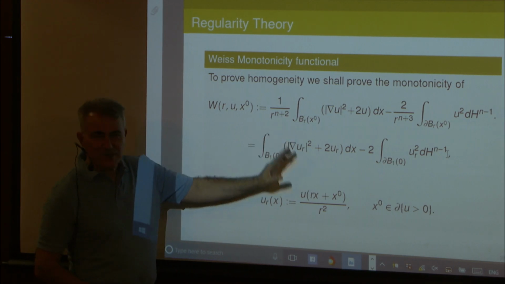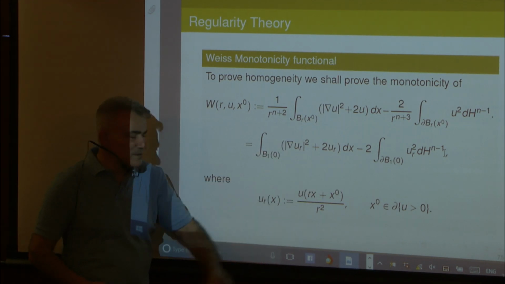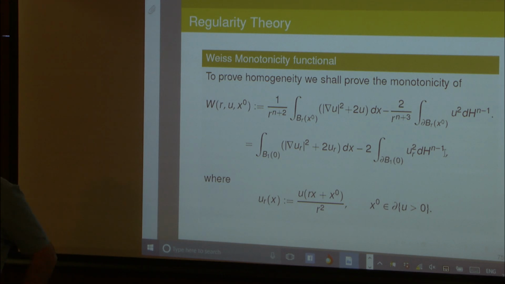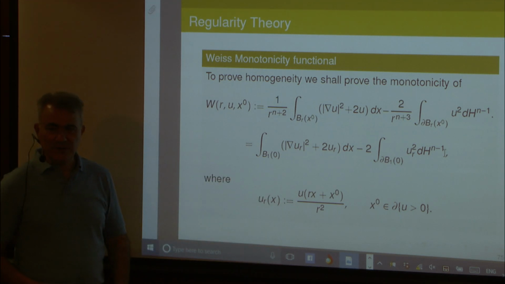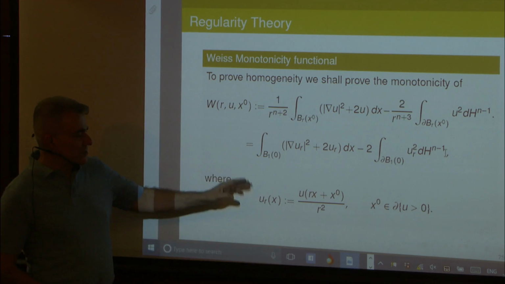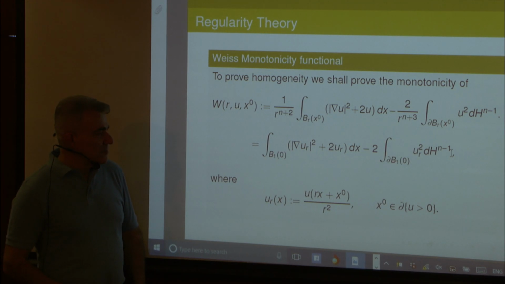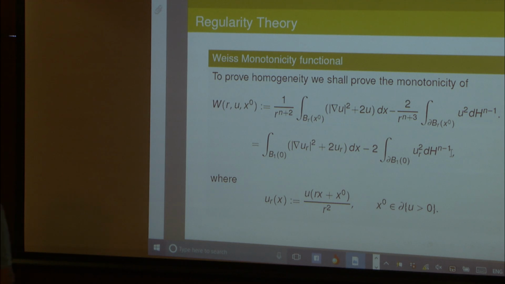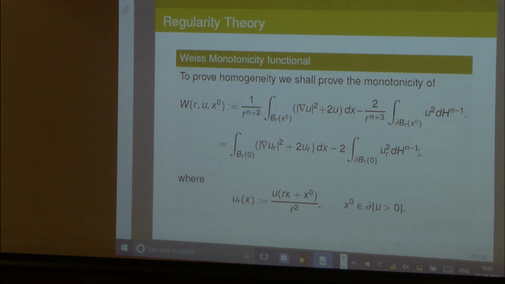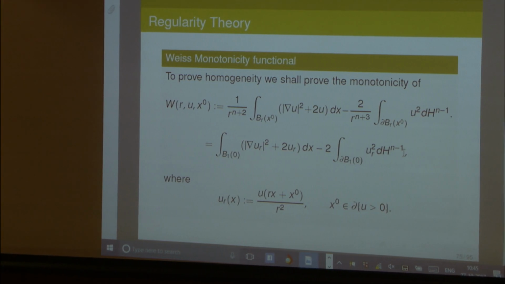You don't need this n plus 1, n plus 2, etc. If you look at the scaled version of it, it's much easier. So if you look at the Weiss energy and we let r go to 0, you can actually compute it. When r goes to 0, the integral becomes something like this, since the blowup is homogeneous.